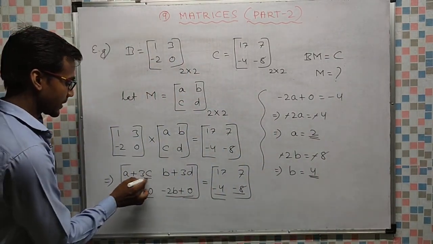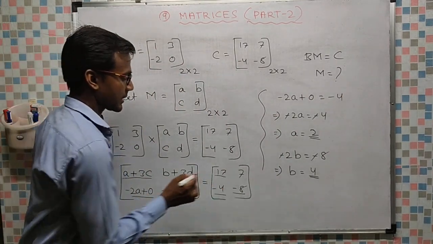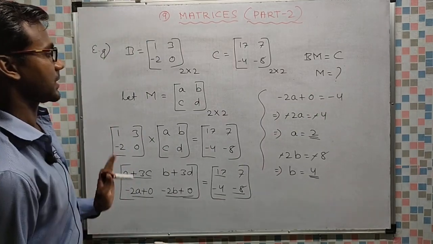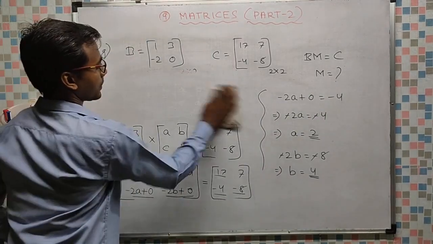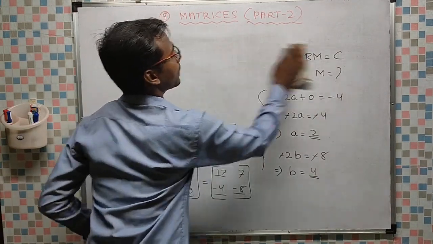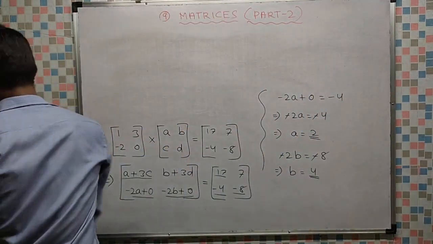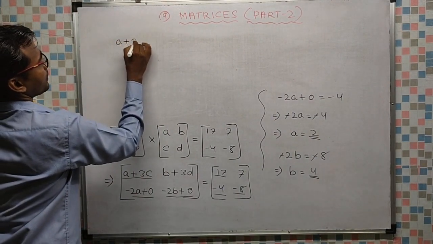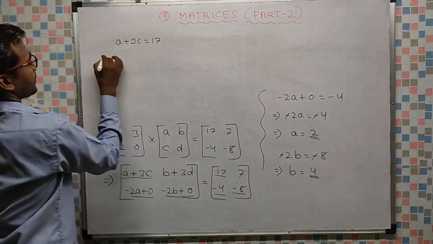Now let us go for the first element. a plus 3c is 17.